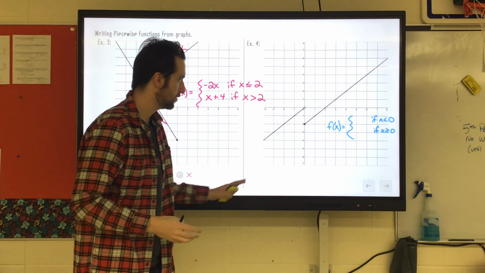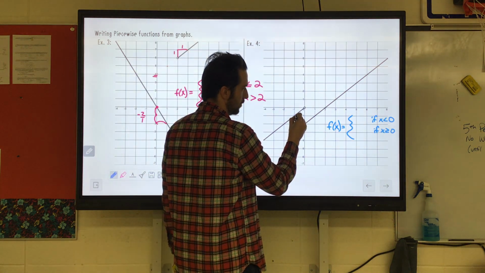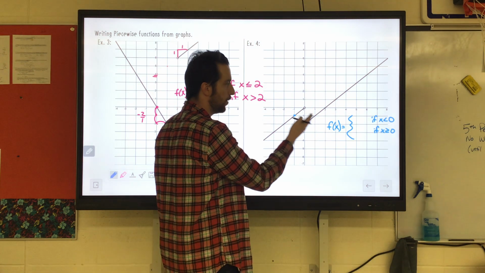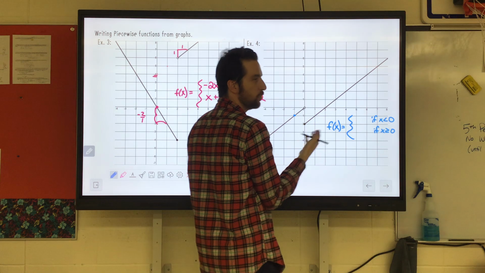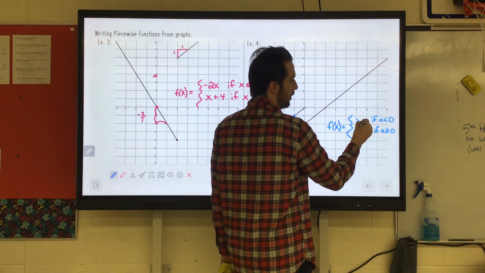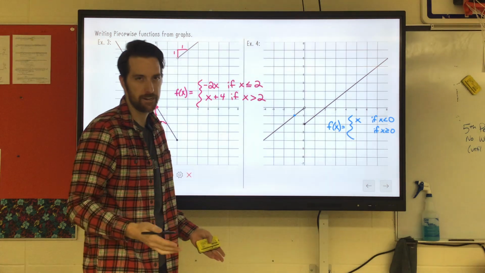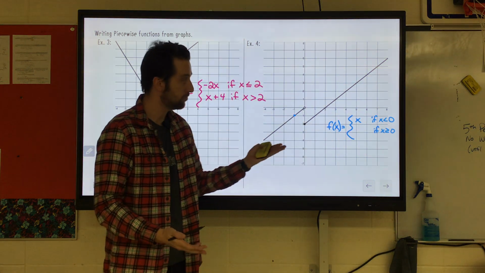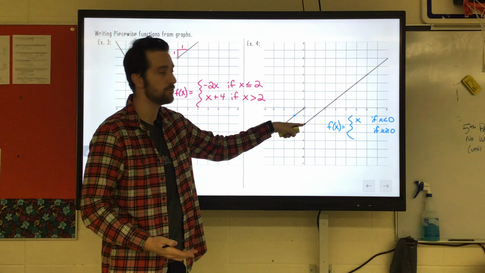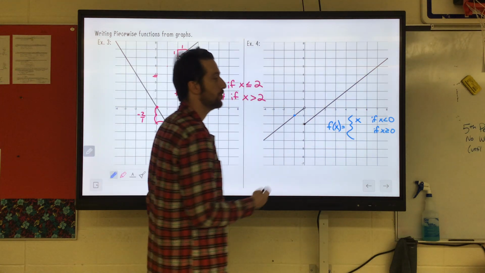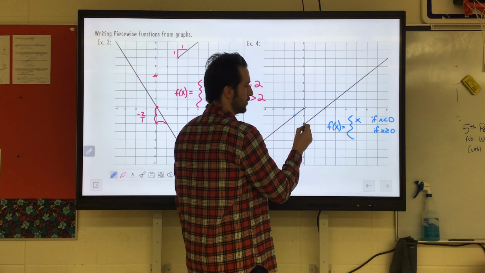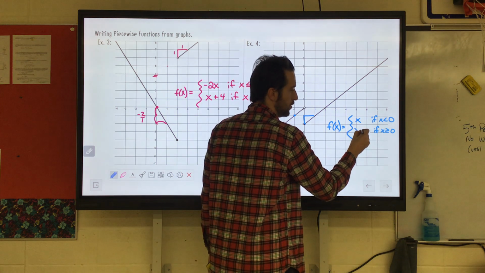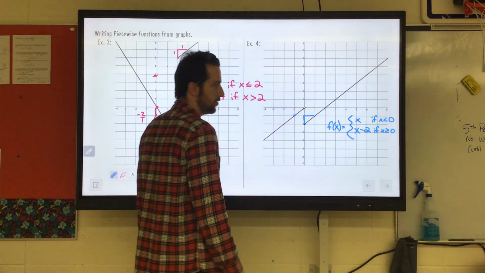So to the left, the slope, it looks like it's up 1 over 1, so our slope is 1, and the y-intercept is right at 0. So it'd be 1x plus 0, which if you clean that up is just x. But once you're greater than or equal to 0, different equation. I see the y-intercept is -2, so something x minus 2. The slope is up 1 over 1, so it'd be 1x minus 2, which is just x minus 2.